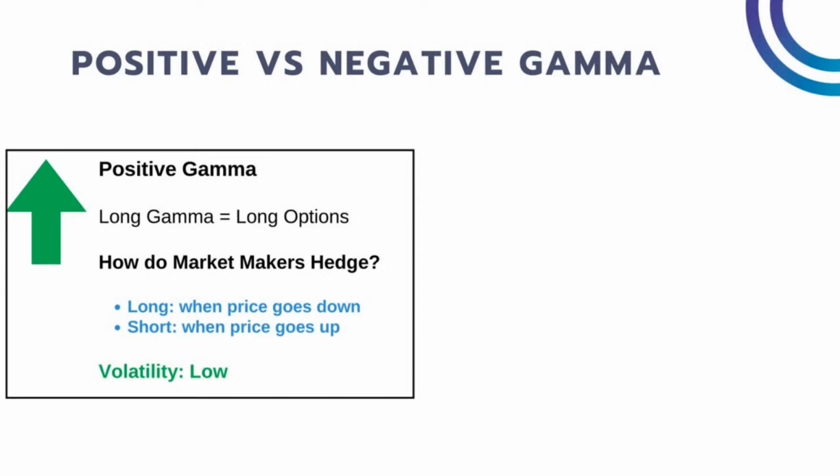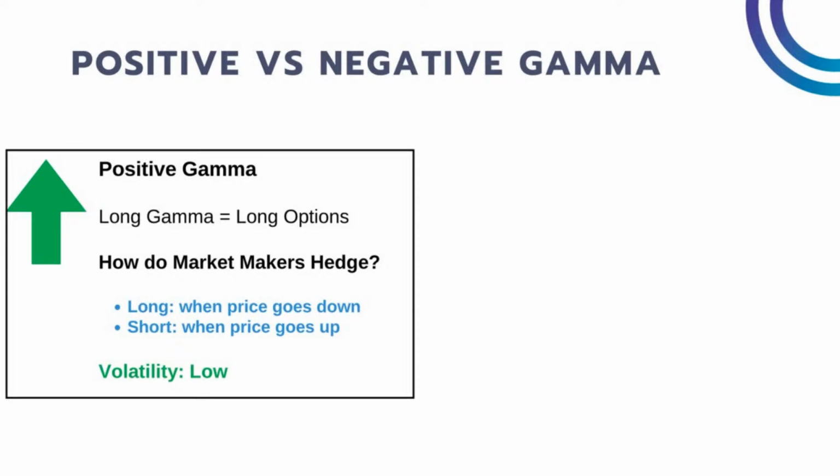In positive gamma, the overall market exposure is long options, which means that participants, investors, have been buying more options than selling. That brings us to the concept of how the market maker hedges when they are in positive gamma. The market maker in positive gamma buys when the underlying falls and sells when the underlying goes up.